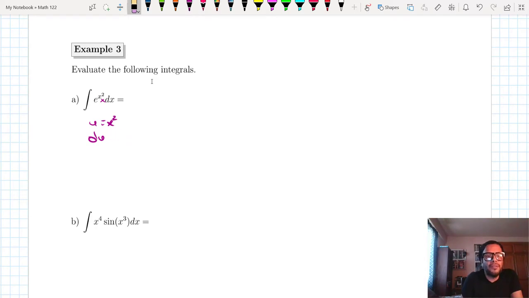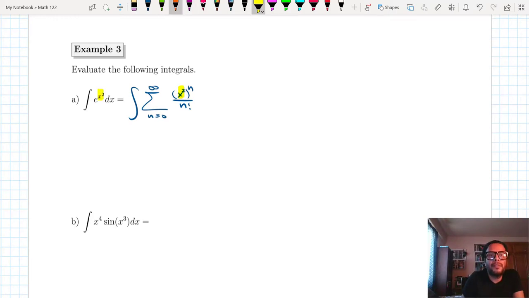So we are going to do that integral using series. Okay, so we are going to do the following. I'm going to write the integral of the series representation of e to the x squared, which will be x squared to the n over n factorial, n starts at 0 to infinity. Okay, keep in mind that this is our u.